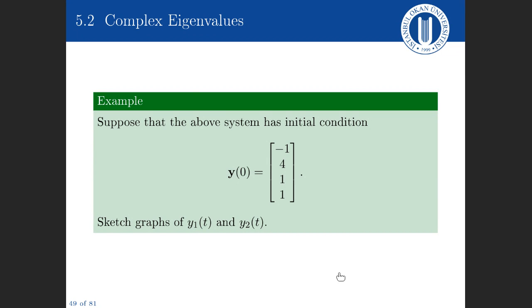Now, let's suppose that the above system has initial condition -1, 4, 1, 1. Sketch the graphs of y1 and y2. Remember, y1 is the same as x1. That's the displacement of the left-hand block. And y2 was the same as x2, the displacement of the right-hand block.